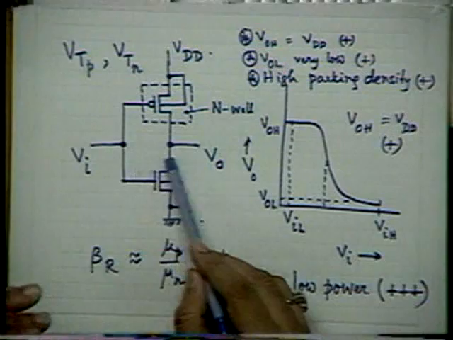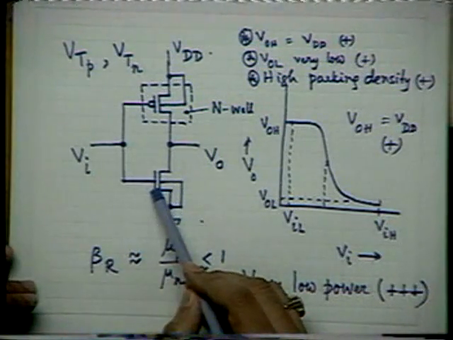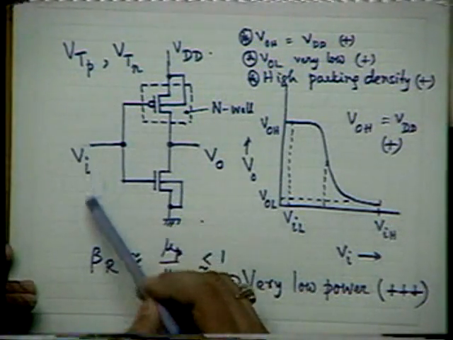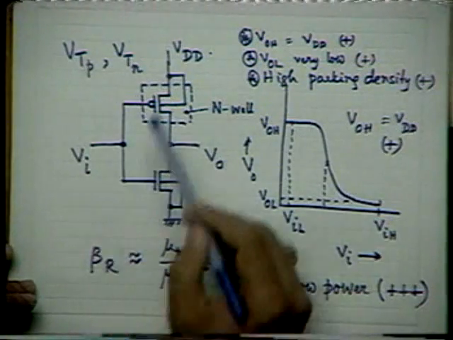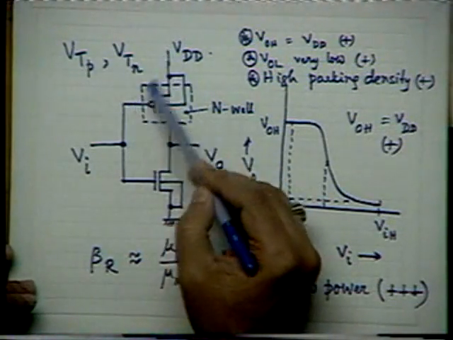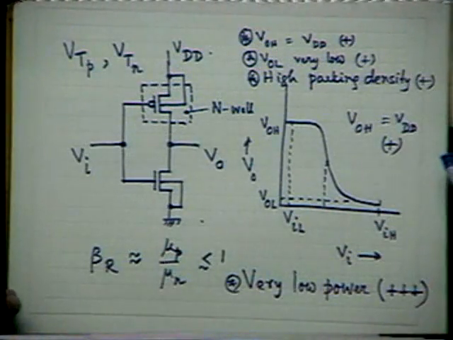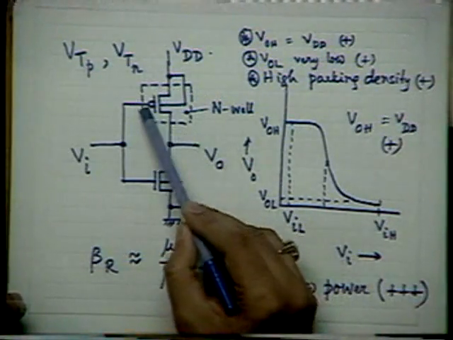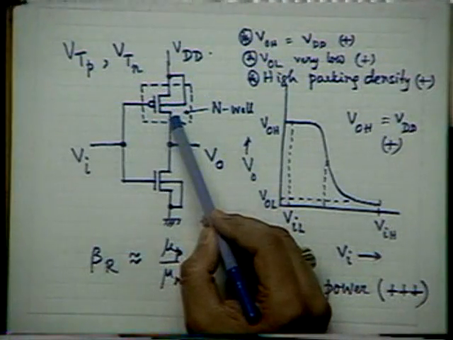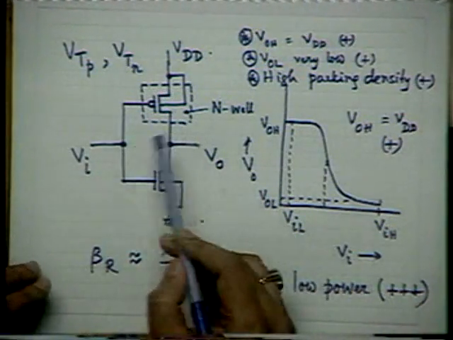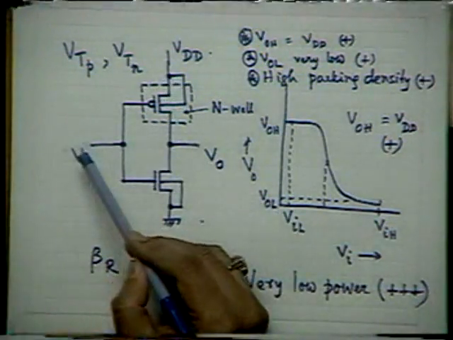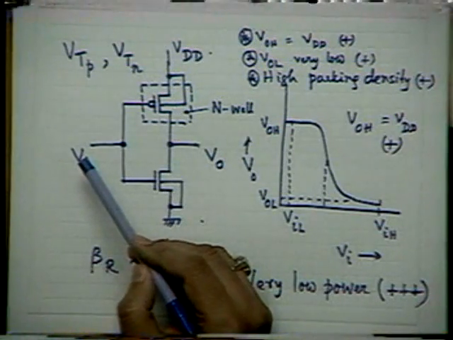A very strong inversion layer will be formed here. When I make Vi equal to 0 volt, and this is 5 volt, effectively VGS of this device is minus 5 volt. And the threshold voltage of this transistor is minus 1 volt, so you are applying a gate voltage of minus 5 volt to a device which has a threshold voltage of minus 1 volt.